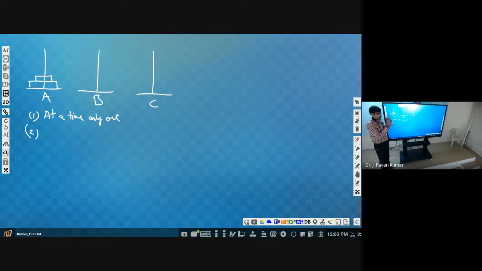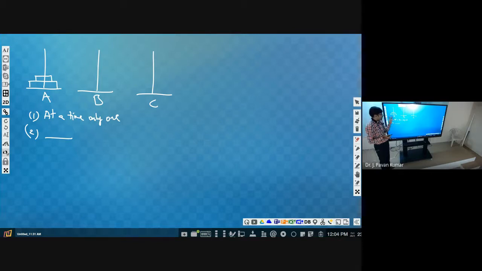A smaller one we can place on a larger one, but on top of a smaller one we cannot place a larger one. Got it? That is the second condition. By satisfying these two, our requirement is to transfer these two boxes from A to C.